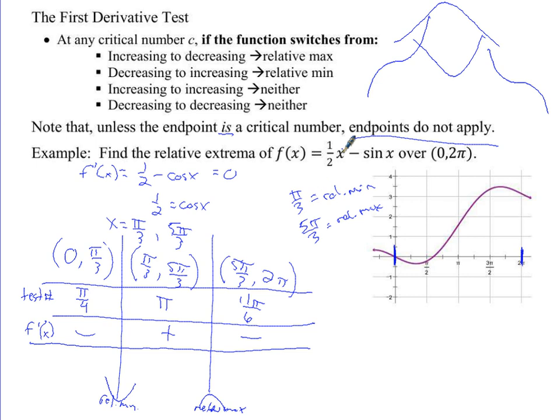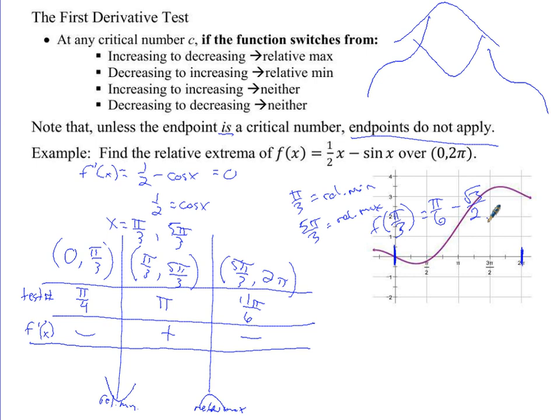So I take pi over 3 and I substitute it in. For f of pi over 3, I get 1/2 times pi over 3, which would be pi over 6, minus the sine of pi over 3. Sine of pi over 3 is square root of 3 over 2. So that would be like 3 square roots of 3 over 6.